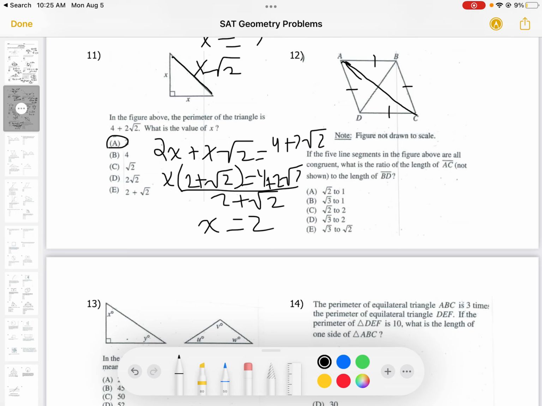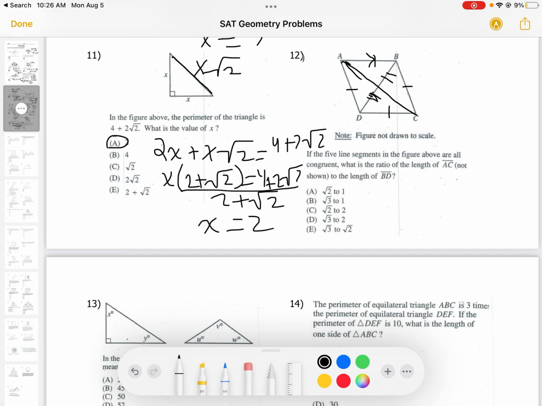Okay. Let's see. Okay, so this is most likely a rhombus that we're given here. And we're told that BD is the same, right? And in a rhombus, the diagonals bisect each other. So I'm going to mark the segments the same.